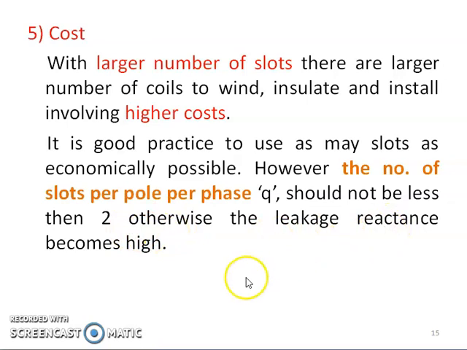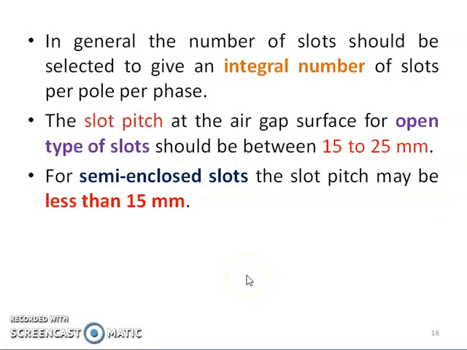Leakage reactance becomes high. In general, the number of slots should be selected to give an integral number of slots per pole per phase, and the slot pitch at the air gap surface for open type of slots should be between 15 to 25 mm, and for semi-enclosed slots, slot pitch may be less than 15 mm.